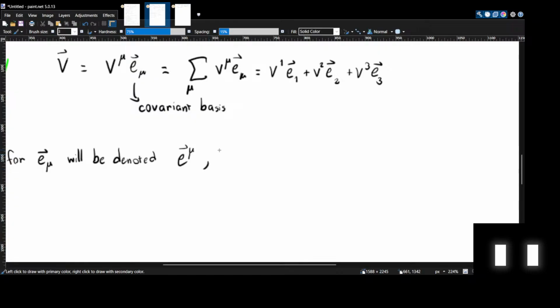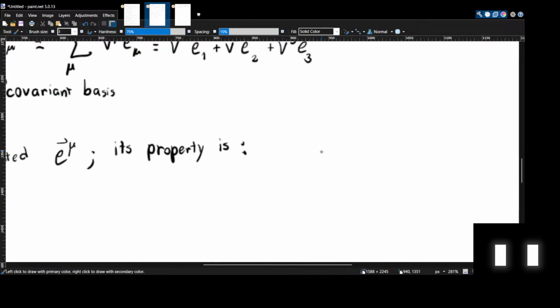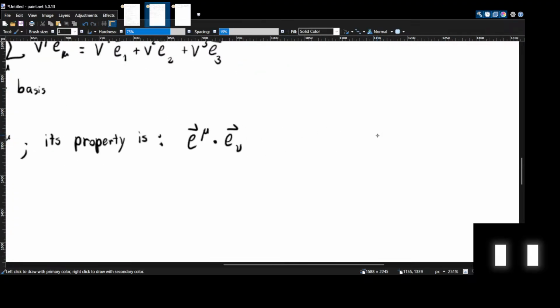It has a property such that if you dot E mu here with E nu, what we should get is the Kronecker delta. No, the Kronecker delta is not a function. It's the Kronecker delta for mu and nu.